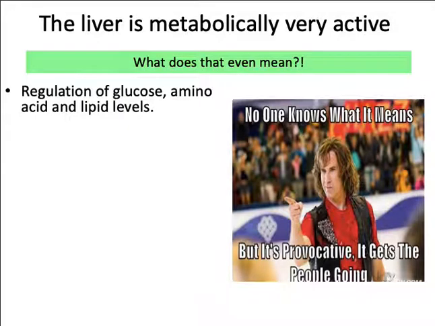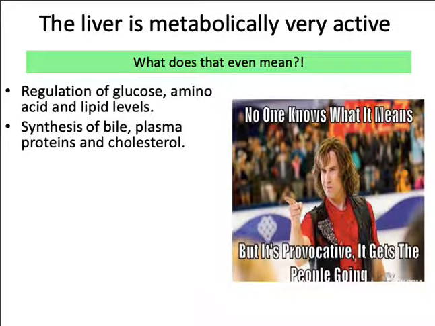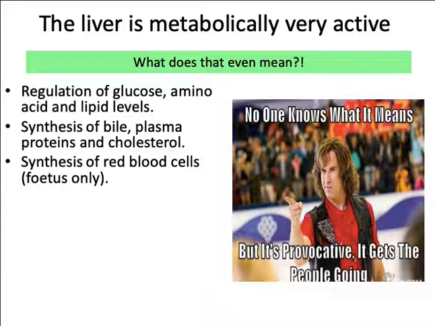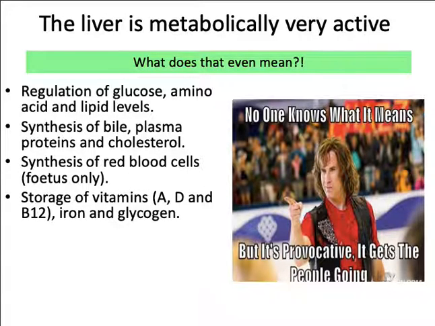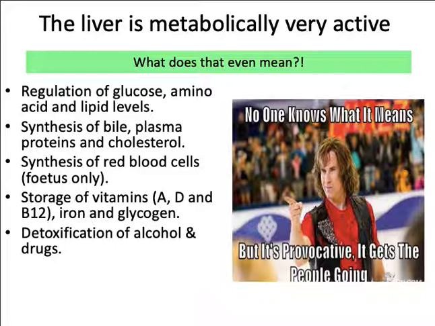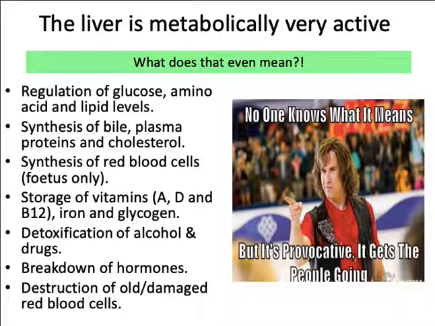The liver is involved in the regulation of glucose levels, amino acid levels, and lipid levels, in the synthesis of bile, plasma proteins, and cholesterol, the synthesis of red blood cells in a growing fetus, the storage of vitamins, some mineral ions such as iron and glycogen, the detoxification of alcohol and drugs, the breakdown of hormones, and the destruction of old or damaged red blood cells.